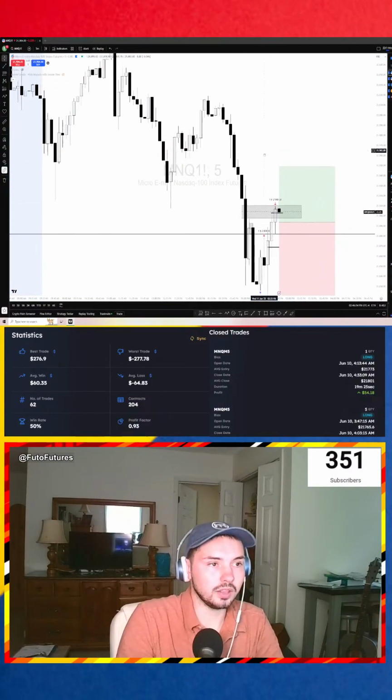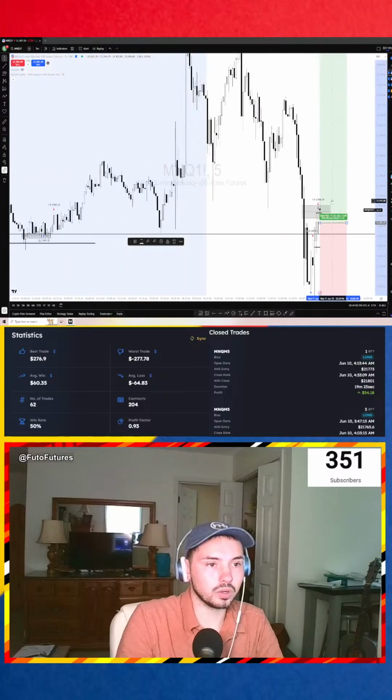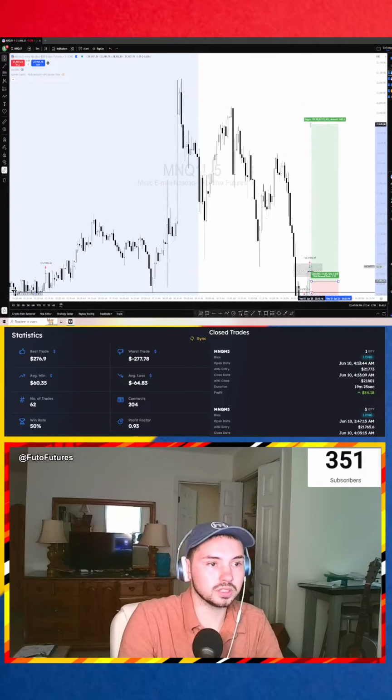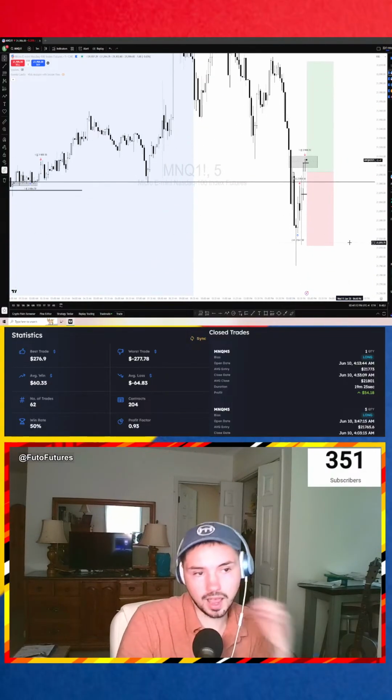Then you can target up to here, or here, or here for a 1 to 2. Any of them works, but the best is probably to stick to 1 to 1.5 down here, the most likely outcome. So either A or B is going to happen.